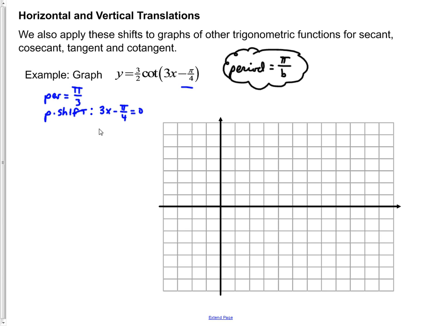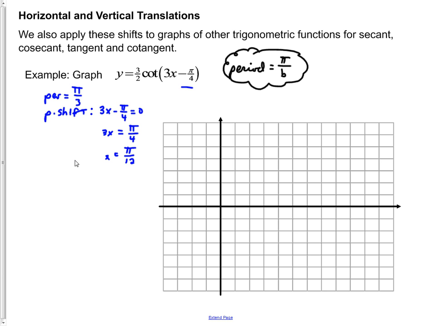Well, in this case, 3x equals pi over 4, and multiplying both sides by 1/3 gives us x equals pi over 12.